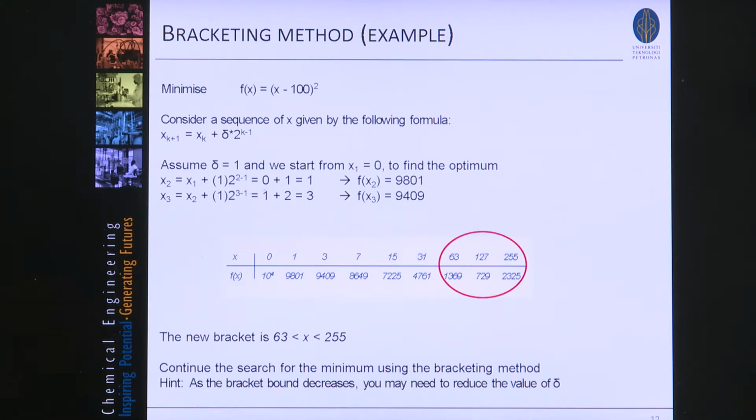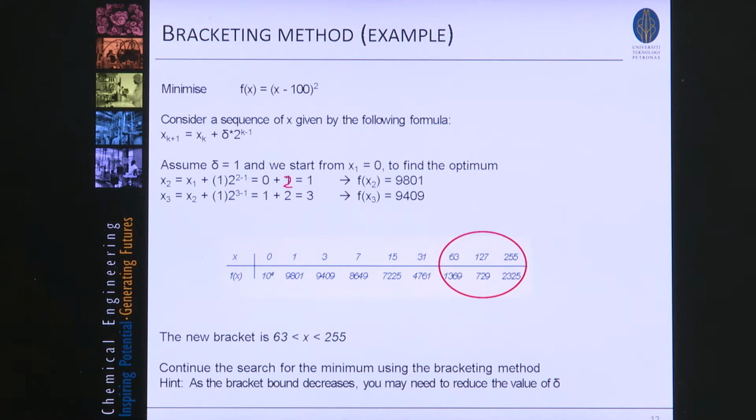And x2 is then x1, which is 0, plus delta, which is 1, times 2 to the power of k minus 1, where k is the second iteration. So 2 minus 1 is 1, and 2 to the power of 1 is 2, so this is an error, a typo.